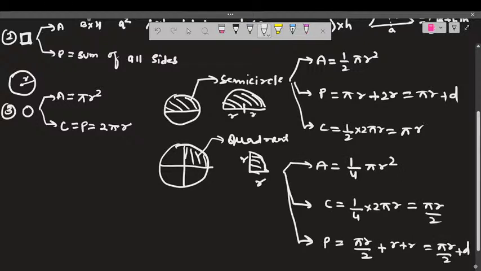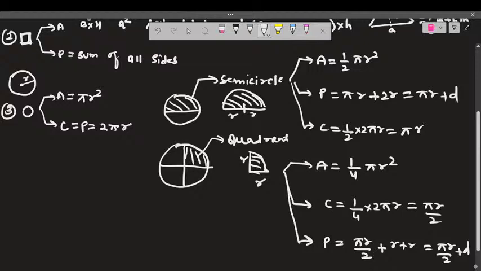Okay, not only semicircle and quadrant, we can have other things related with circle, like we can have sector and segment, because sector and segments are derived out of circle only. How do we derive them? I'm telling you that.